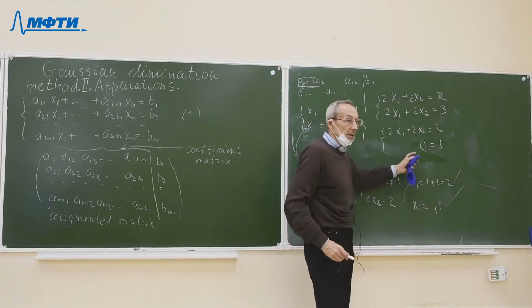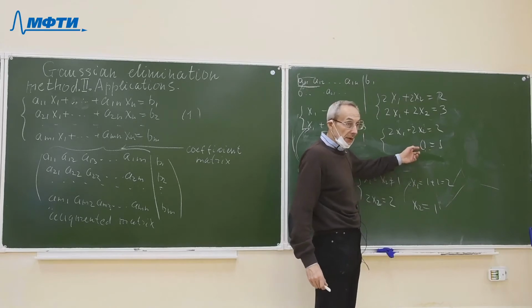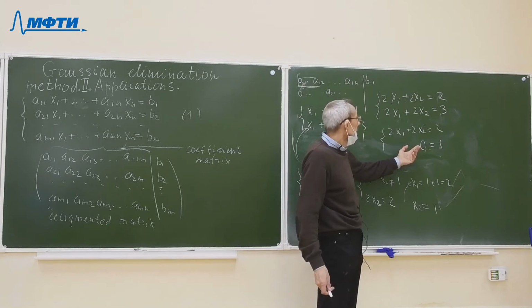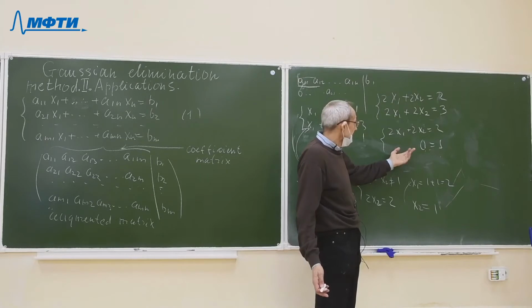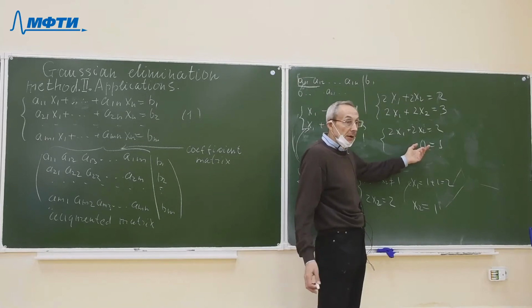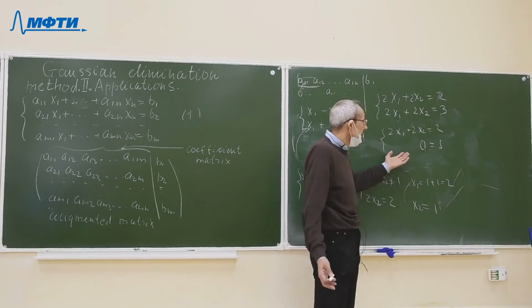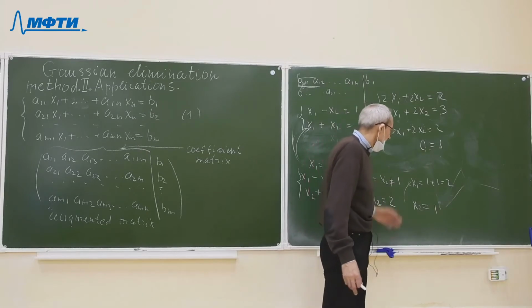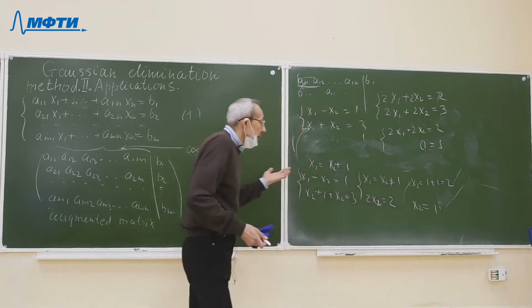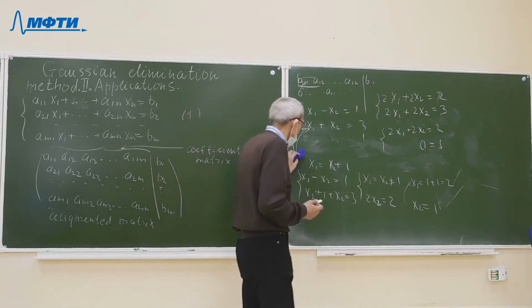The second equation has no unknowns and is a contradictory equality, so this system has no solution. In the same way we can obtain such a contradictory linear system.